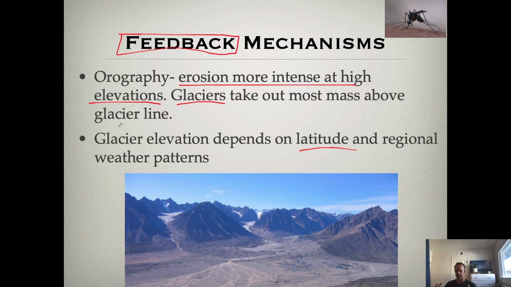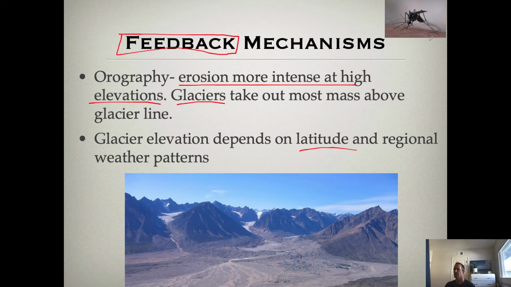And what that does is the isostatic compensation causes the whole mountain range to lift. And so your peaks actually get higher even as your average elevation decreases. So there's this initial tectonic influence, but then isostasy starts to play a role, and that can also contribute to further growth of the mountains.